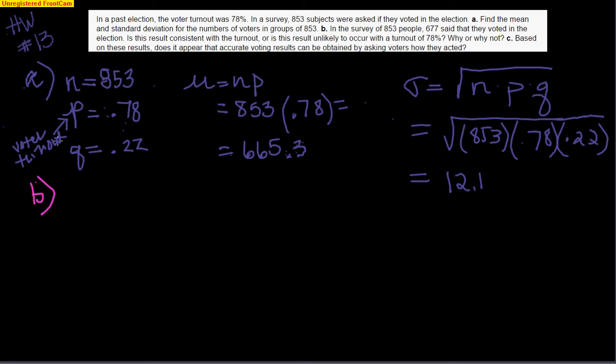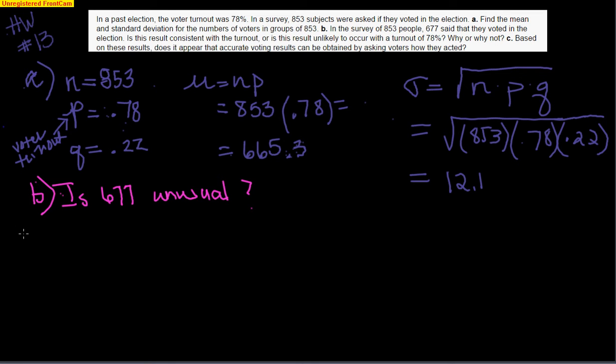Is 677 unusual? That's really the statistical question that's being asked. If it's very unusual, then you can maybe be a little suspicious that some people are saying they turned out when they actually didn't, or vice versa.